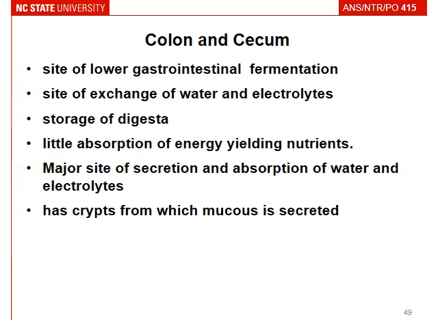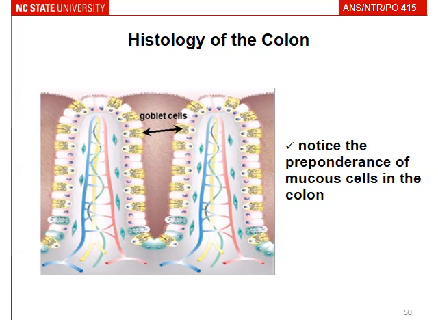There's very little absorption of energy-yielding nutrients, so we don't have direct absorption of glucose, fructose, lipids, etc. This is where we're mainly absorbing water and electrolytes. And importantly, the colon and cecum only have crypts from which we secrete mucus. They do not have any villi.